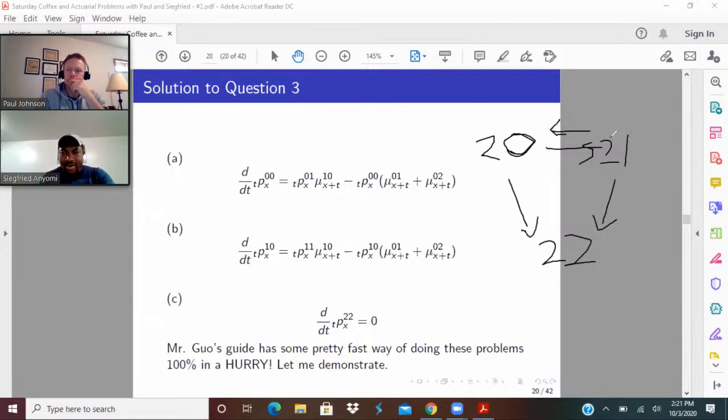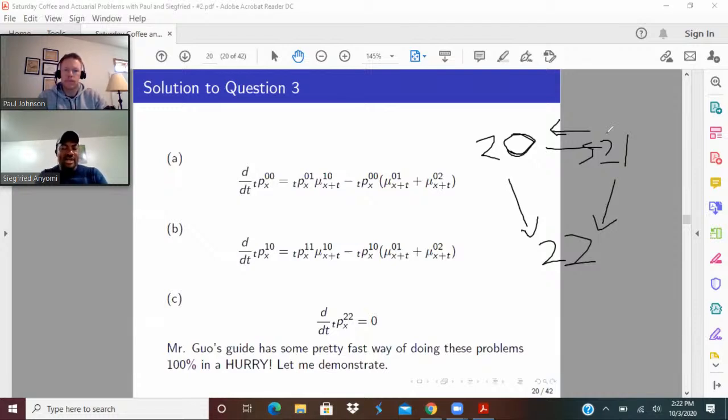Actually, because when folks transition to state 2, they get stuck and can never return to any other state, it makes sense to say that the entire derivative is 0. Why? Because the transition from 2, 0 is not even possible, right? 2, 1 is not possible.